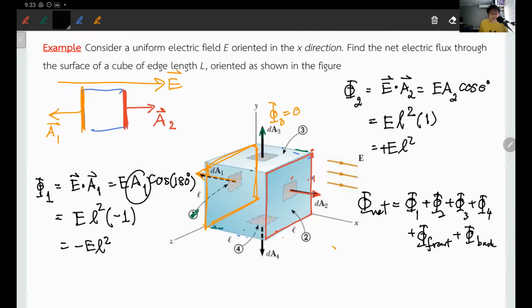There are 6 surfaces, but the front, the back, number 3 and number 4 give you 0 flux. So the net flux is just going to be negative E L squared from surface number 1 and plus E L squared from surface number 2. And that gives you 0 flux.